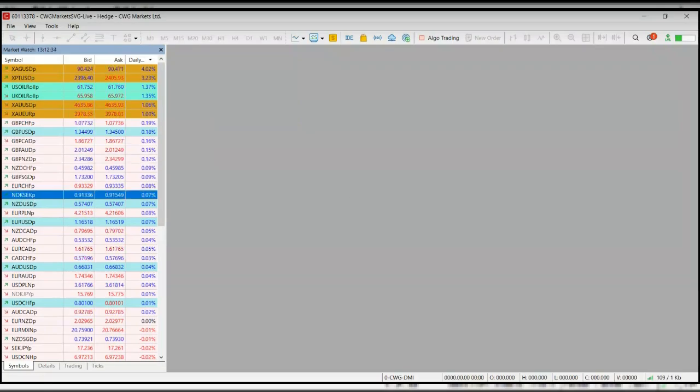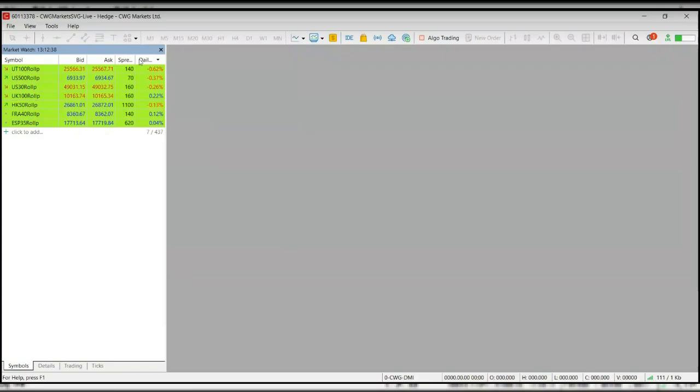Now, if we switch over and look at our stock indices and commodities, in terms of indices, our biggest movers, we've got NASDAQ US100 with the biggest move to the downside of the day, as well as the FTSE with the move to the upside for the day.